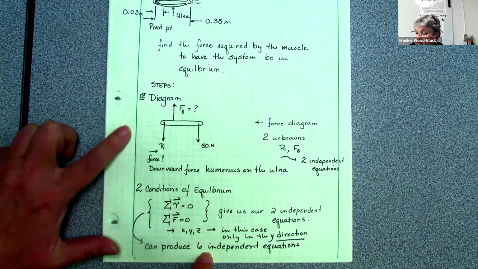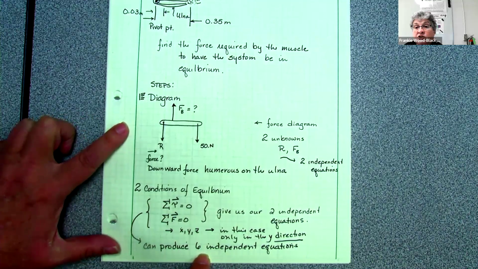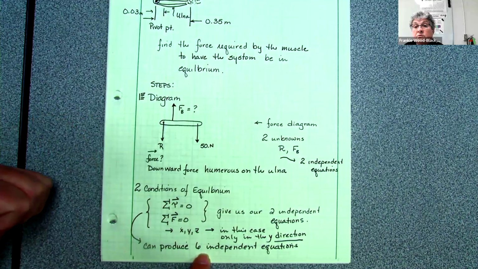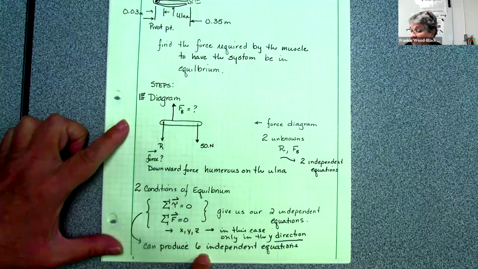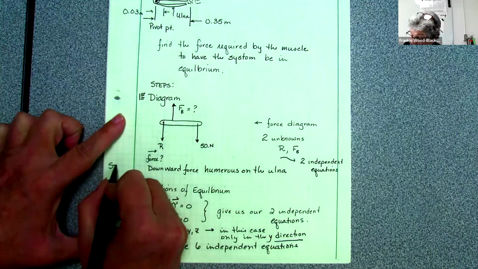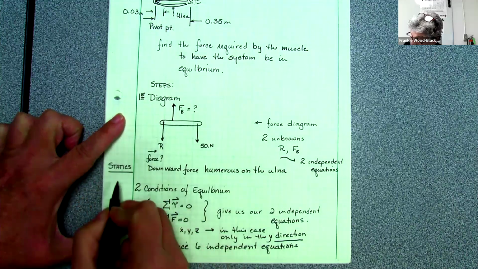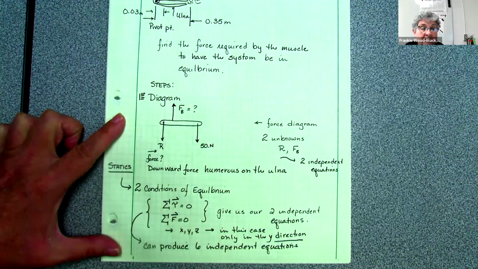Now, the reason I bring this up is because some of you in this class are construction engineering students, okay? And this gets us our idea of statics. So there's a whole science called statics. And statics looks at these two conditions of equilibrium.